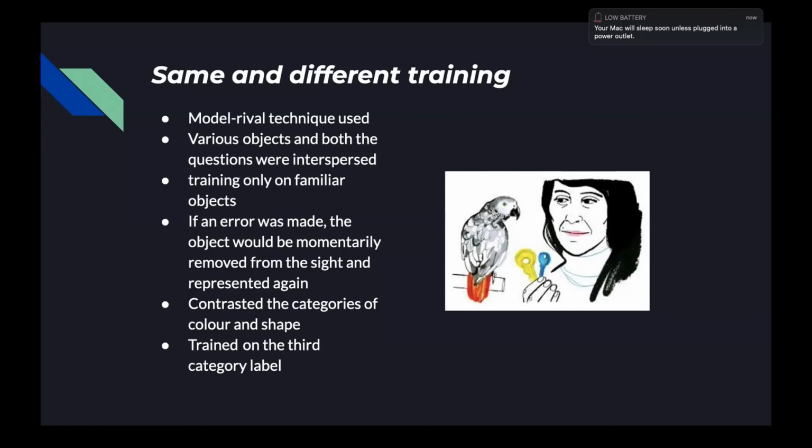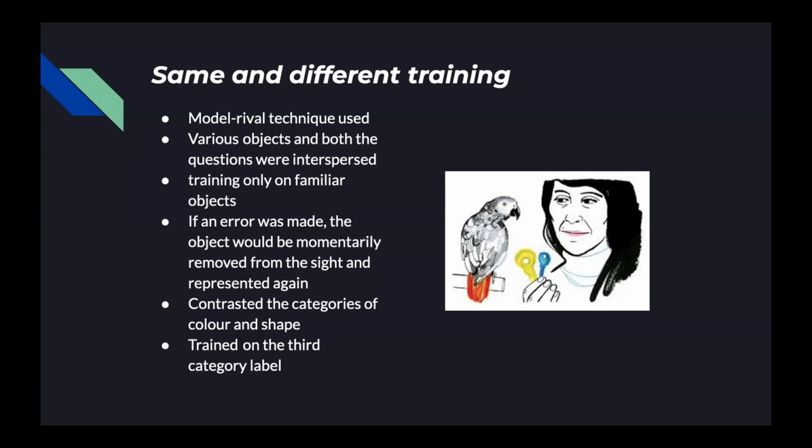All those familiar objects were limited to same and different training, because later on Irene wanted to test Alex on objects that he does not even have labels for, and see what happens when he is presented with novel objects. So both the categories of color and shape were contrasted.